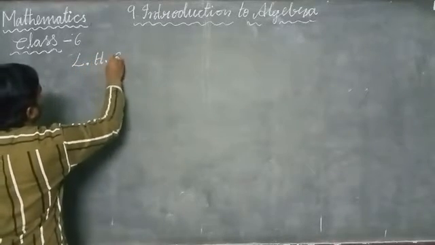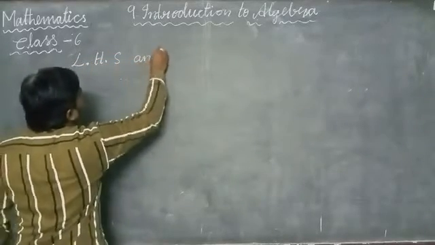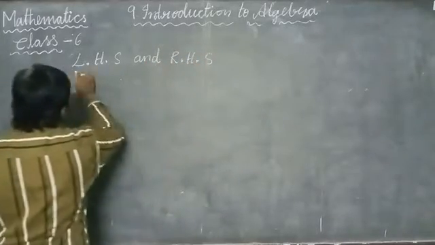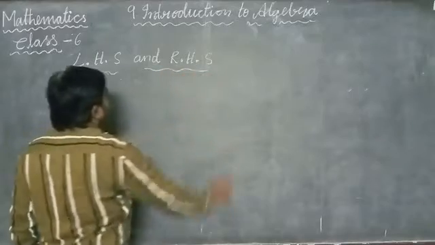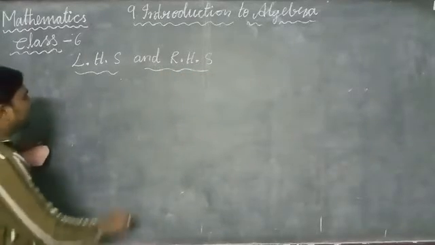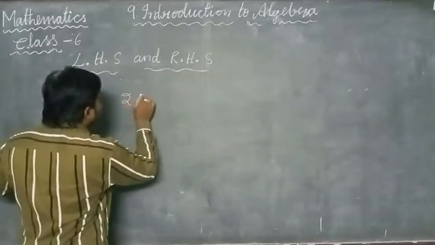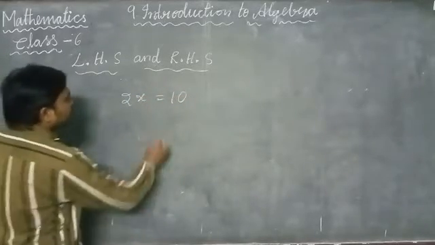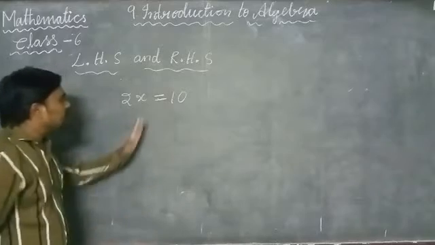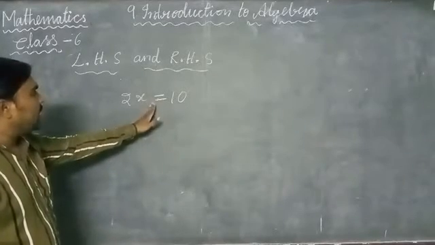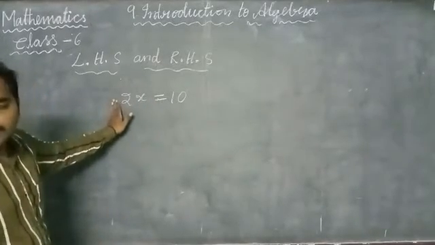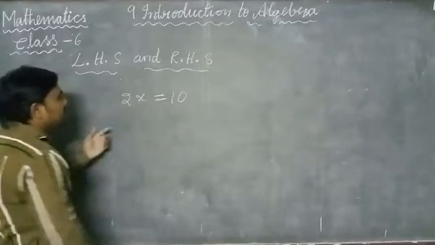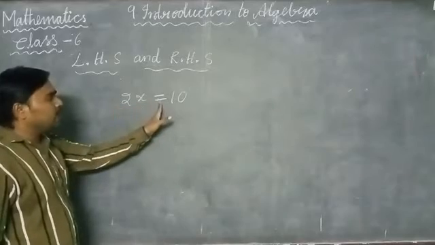Let us take one equation: 2x equals 10. Here the part which is to the left of the equals sign is the left hand side. The part 2x lies on the left hand side of the equals sign.